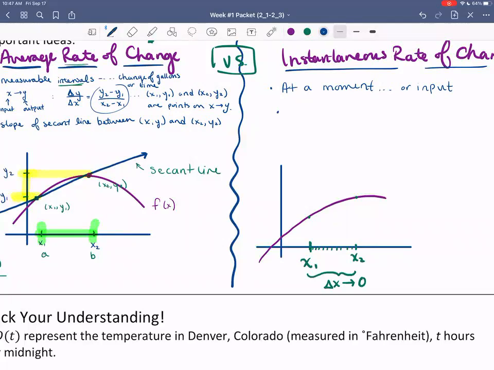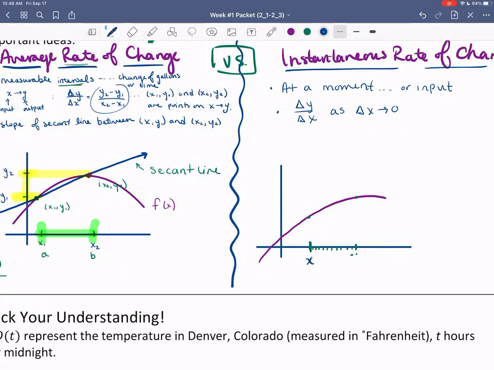So in instantaneous rate of change, we similarly look at a change of y over change of x, but now we look at this ratio as that change of x goes to 0. Again, as this interval of input gets smaller and smaller. Typically, notation that you'll see a lot is the following. We'll have some x that we're interested in finding the instantaneous rate at.